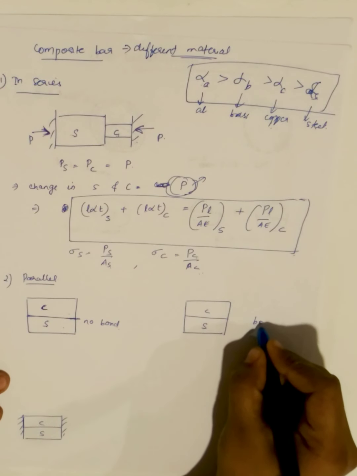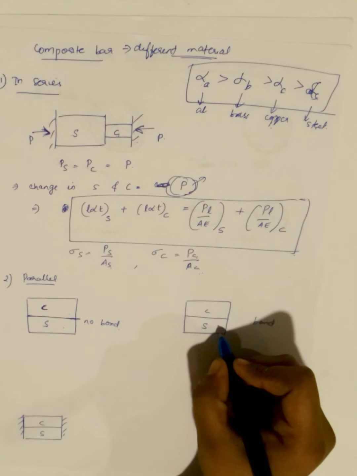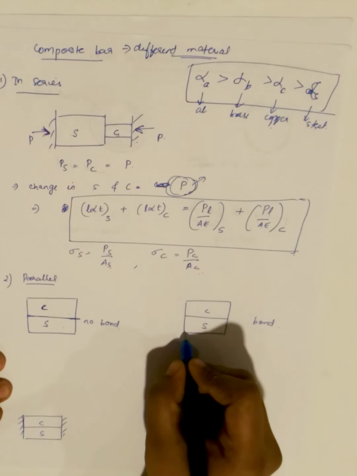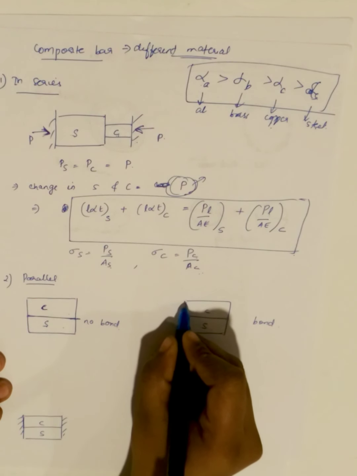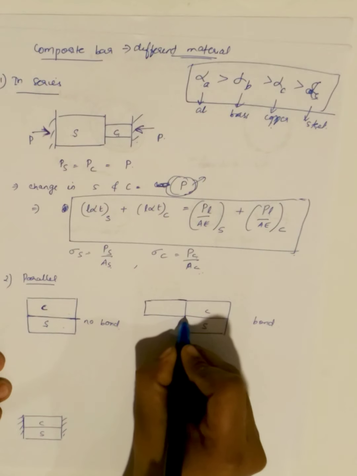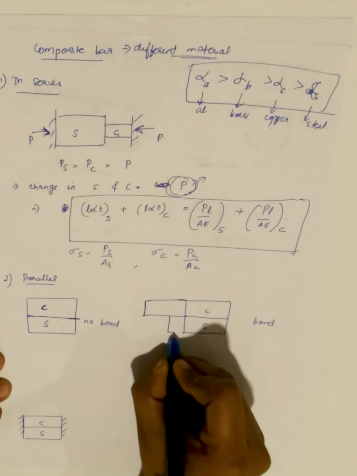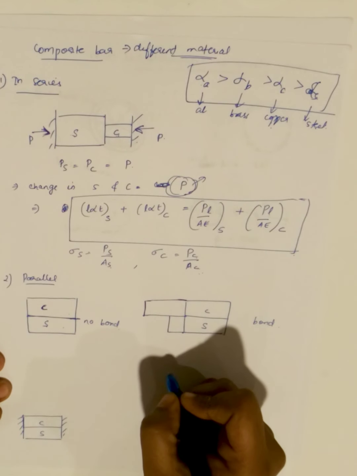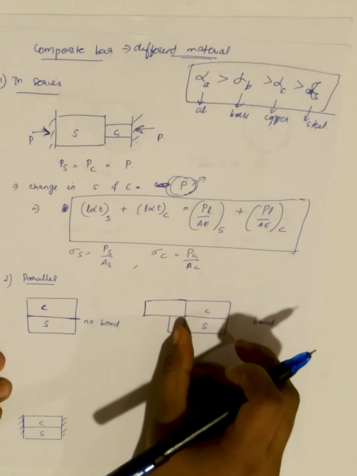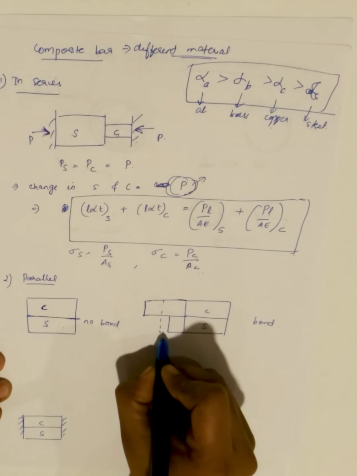But if there is a bond, then copper and steel should have a uniform or a particular value of delta. So what will happen if it is expanding like this? You know that alpha of copper is more, so it will try to expand more. Suppose this much it is expanding. Steel can't expand till this because steel has low alpha, so steel will expand like this. But this case cannot happen because this is bonded together, so at some intermediate point both will have to compromise.